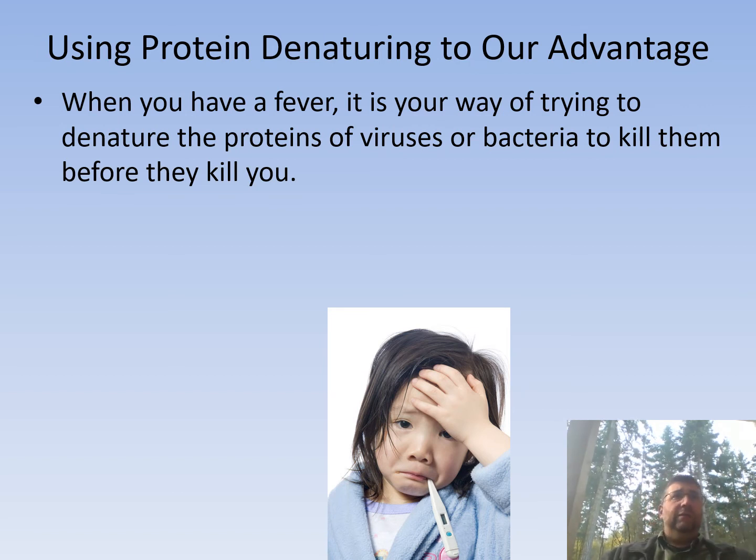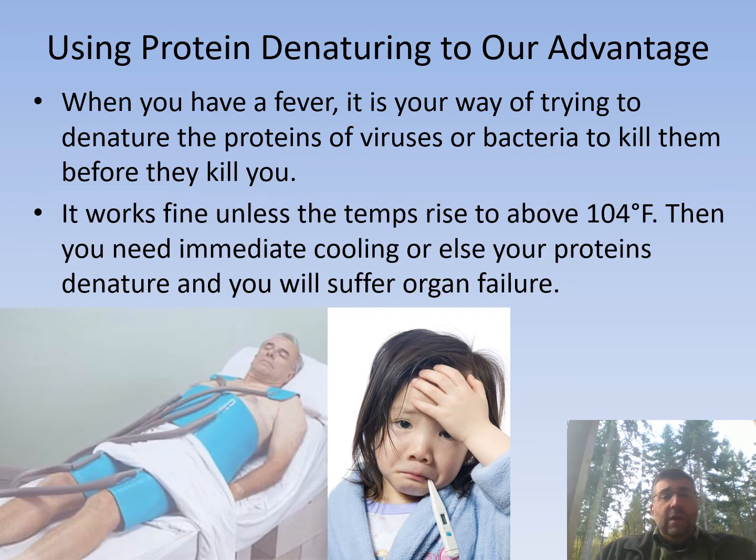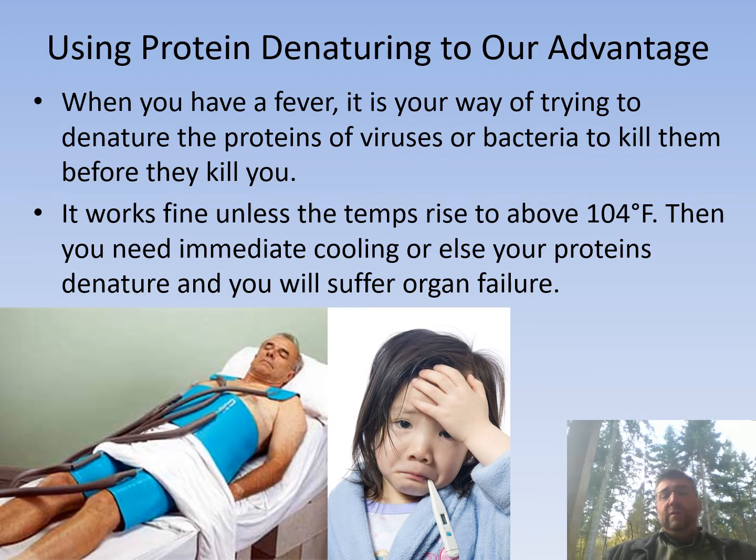If you raise your body temperature up to, say, 100, 101 degrees, just 2 or 3 degrees higher than your normal body temperature, those proteins will begin to unravel, and usually that is an effective tool for killing off invaders. However, it only works to a certain degree. You're fine until your temperature rises to about 104.